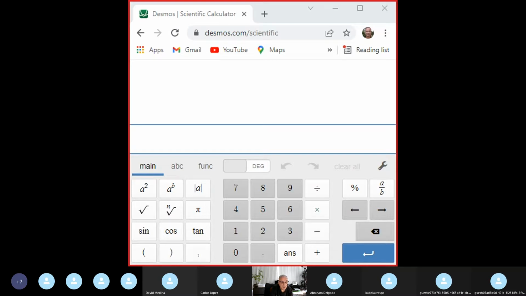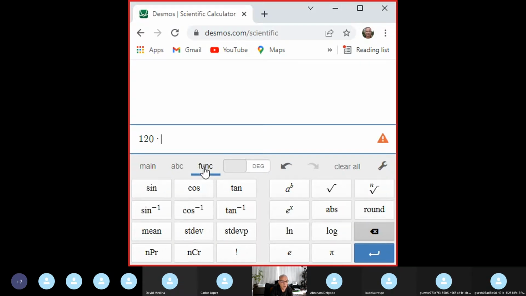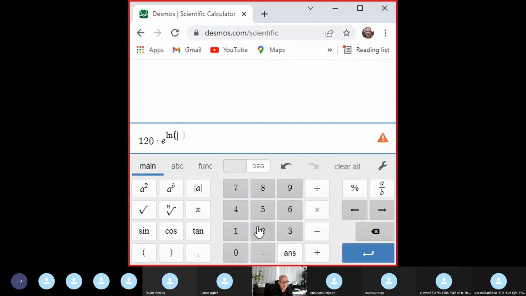Okay, so basically it is 120 multiplication, then in the function I try to find exponential. Oh, there you go. I saw exponential here. Then in the exponent I put logarithm of 2 multiplication.